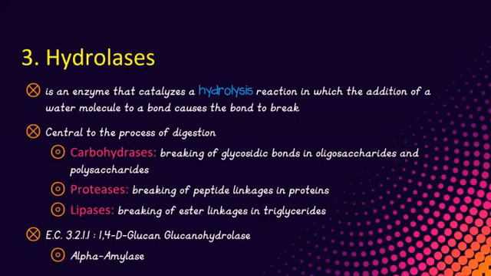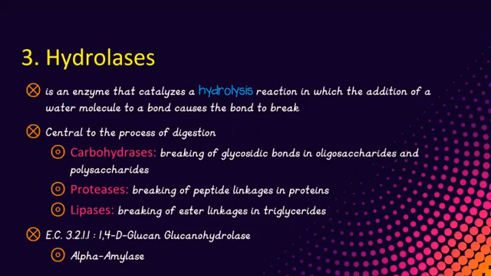Polysaccharides are carbohydrates that are polymeric in form, containing long chains of monosaccharide units. The next one is our proteases, which break peptide linkages in proteins, and our lipases, which break ester linkages in triglycerides. I already mentioned that triglycerides are composed of three fatty acids.